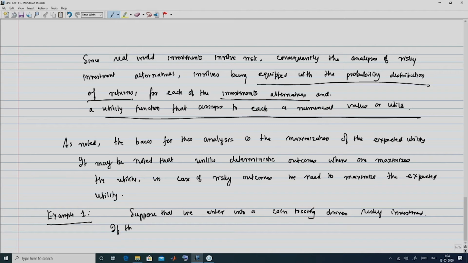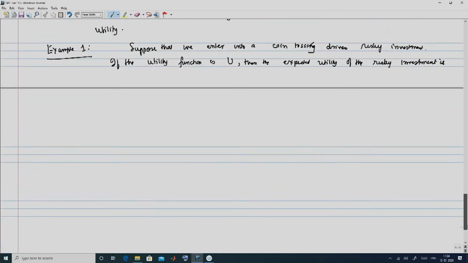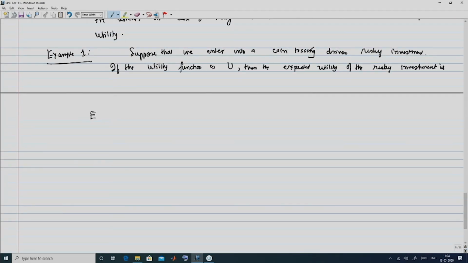Now, if the utility function is u, then the expected utility of the risky investment is given by E of u, and this is going to be dependent on the coin toss.